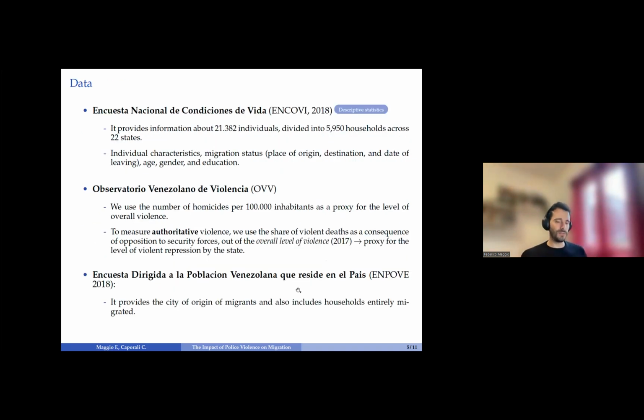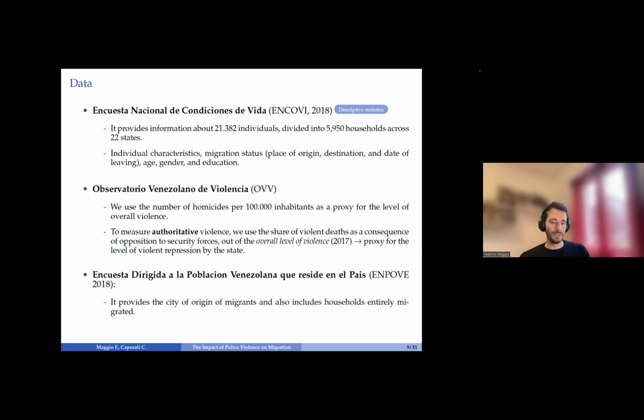So we use 3 different sources of data. First of all, we use the ENCOVI 2018, which is a survey representative of the Venezuelan population. This survey provides us with information about the individual characteristics of the Venezuelans still living in Venezuela, so the left behind, and the characteristics of the Venezuelans residing in the destination countries. We know the migration status, so the place of origin, destination, and date of leaving, and all the individual characteristics of the Venezuelan migrants. We also use the Observatorio Venezolano de Violencia regarding violence data.